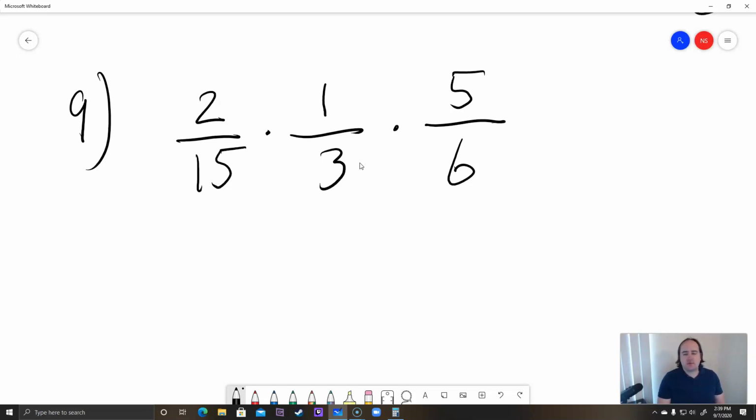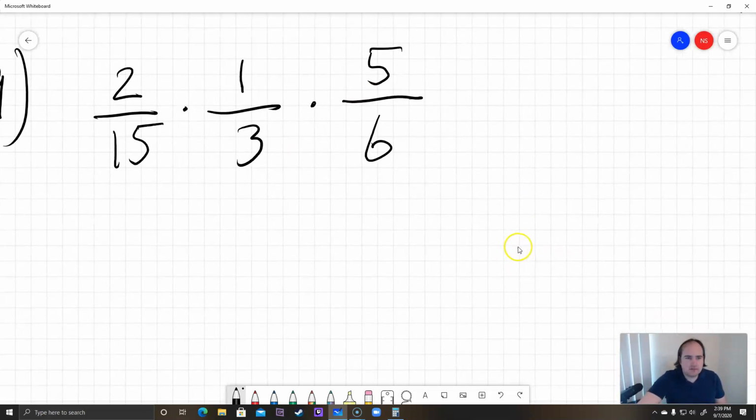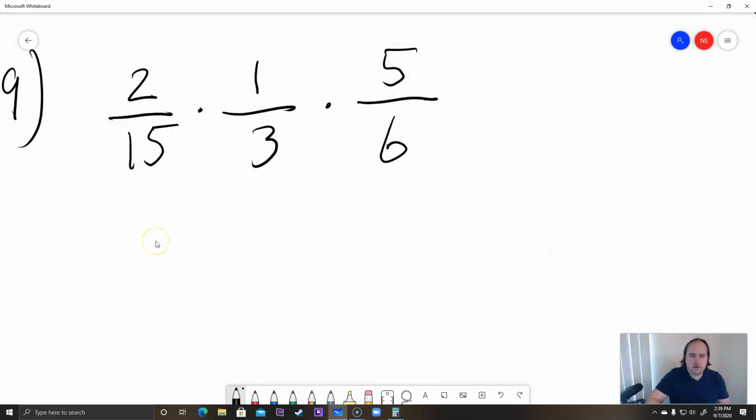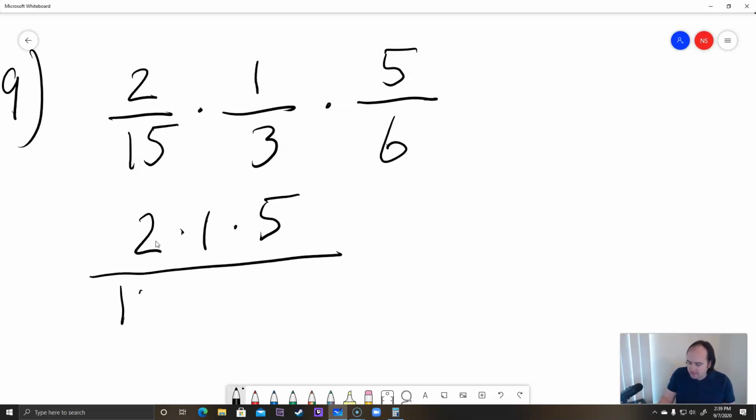So if you have multiple fractions, you still multiply straight across. Multiplying straight across here, we're going to end up with 2 times 1 times 5 on the top, and on the bottom we're going to have 15 times 3 times 6.